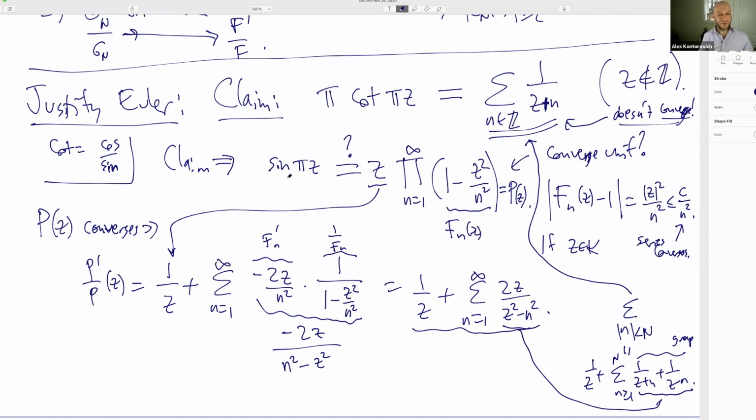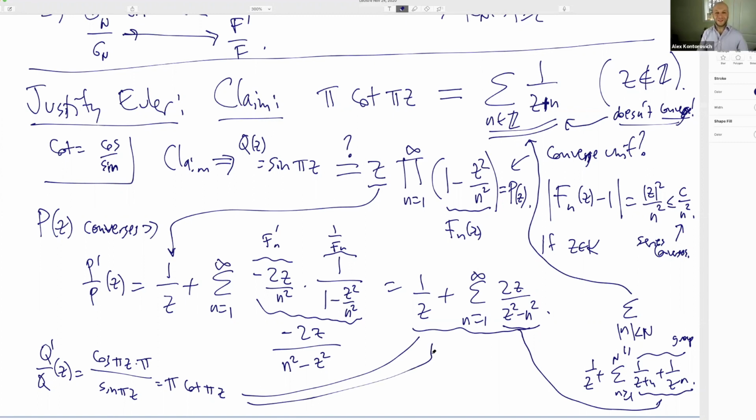If I take the logarithmic derivative of this, let's call this P over Q of z, what about Q prime over Q? The derivative of sine is cosine of pi z times pi, chain rule, divided by sine pi z itself. So I get a pi cotan of pi z. Aha. And the claim is that pi cotan of pi z is equal to this sum.